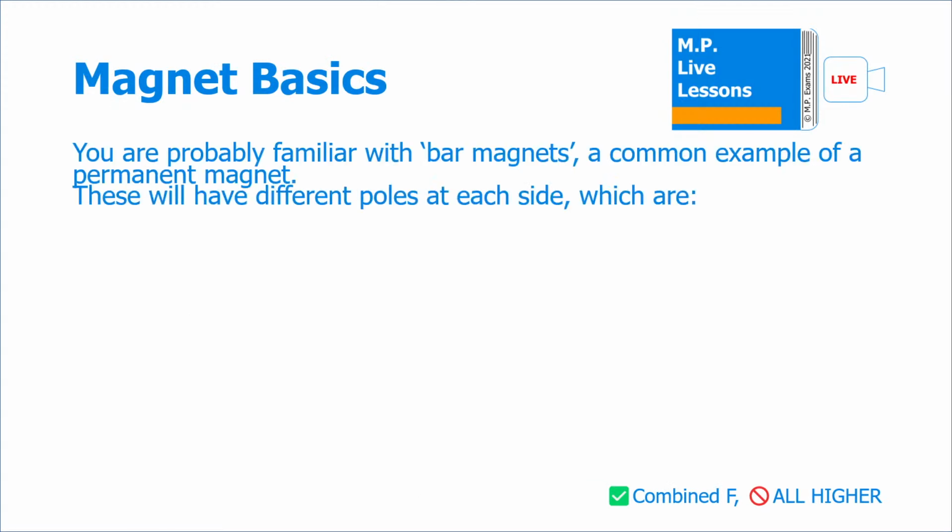So you're probably familiar with some bar magnets, which are a common example of a permanent magnet, as these will have different poles at each side, which are north and south. And that's the bar magnet there.